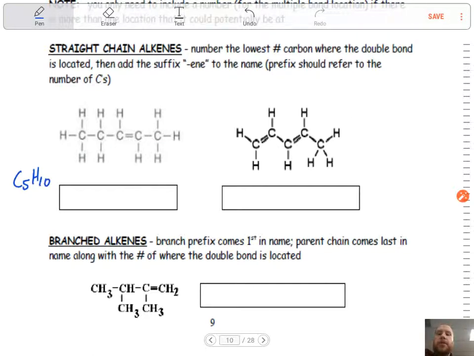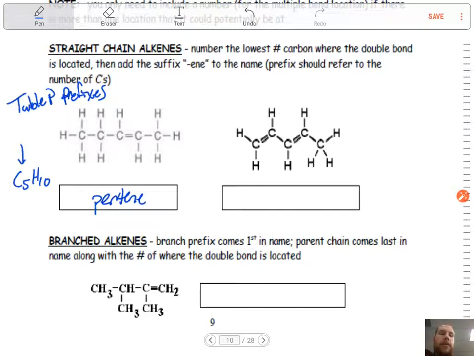If you're given the pictures, you just have to count them. Simple, don't make it harder than it needs to be. So think to yourself, what's my prefix for 5 carbons? Again, you have table P. Look at table P for the prefixes. C5 means pent, so it's going to be pentene.